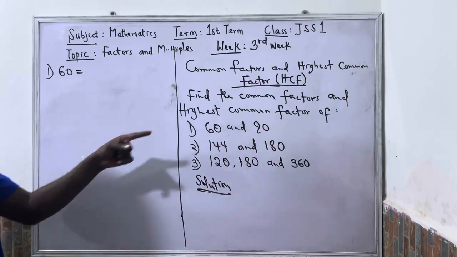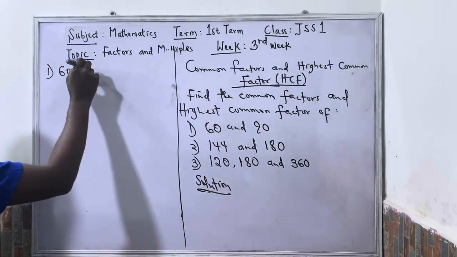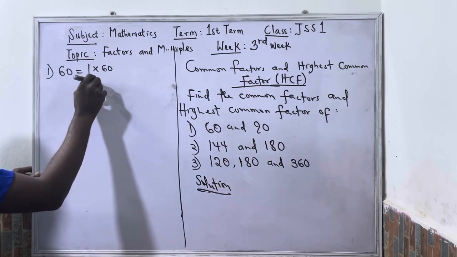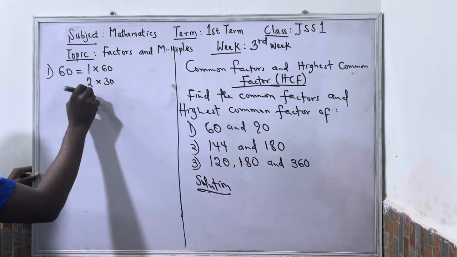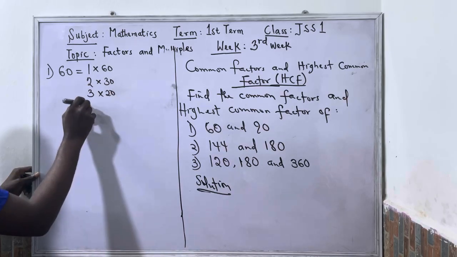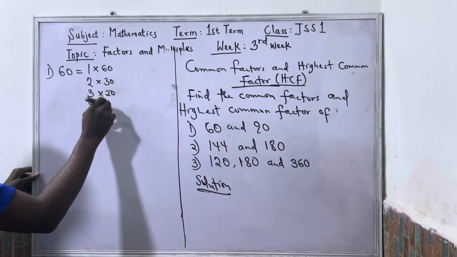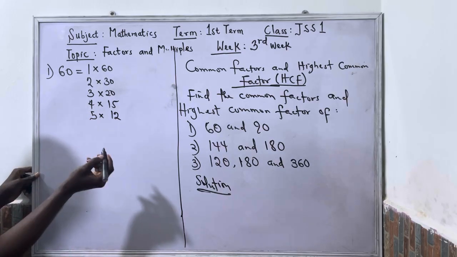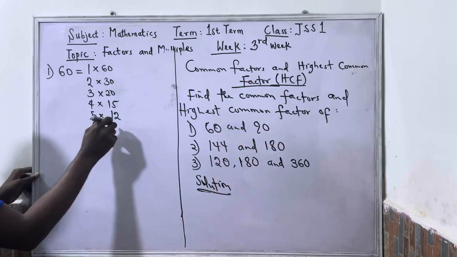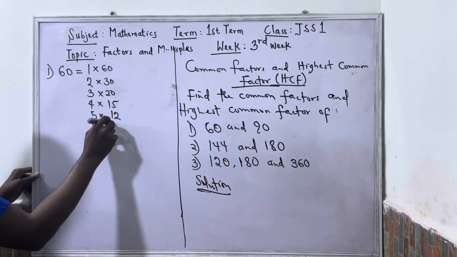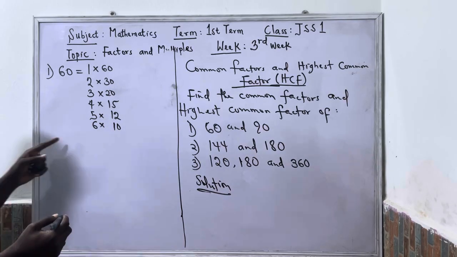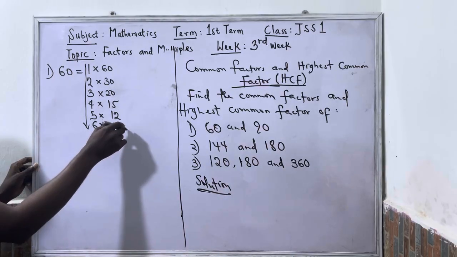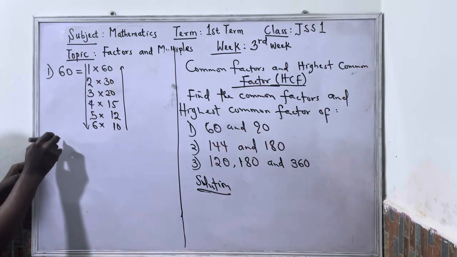Don't forget how I taught you how to find the factors of a number. You do 1 times 60 first, 2 times 30, 3 times 20, can 4 work? Yes, 4 times 15. What about 5 times 12? Is that all? No, 6 can still go, 6 times 10. I don't think we can have any more. So we take this from the top to the bottom.